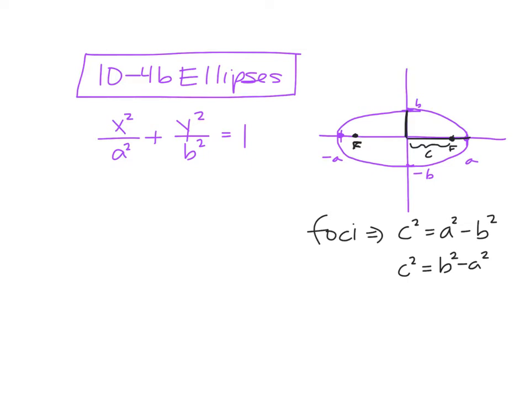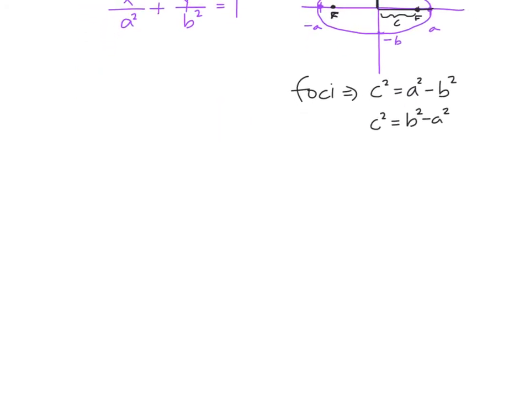Here's what we are going to do. This first one is the easiest, I would say. Example 1. We are going to come up with the equation for the ellipse, given this.